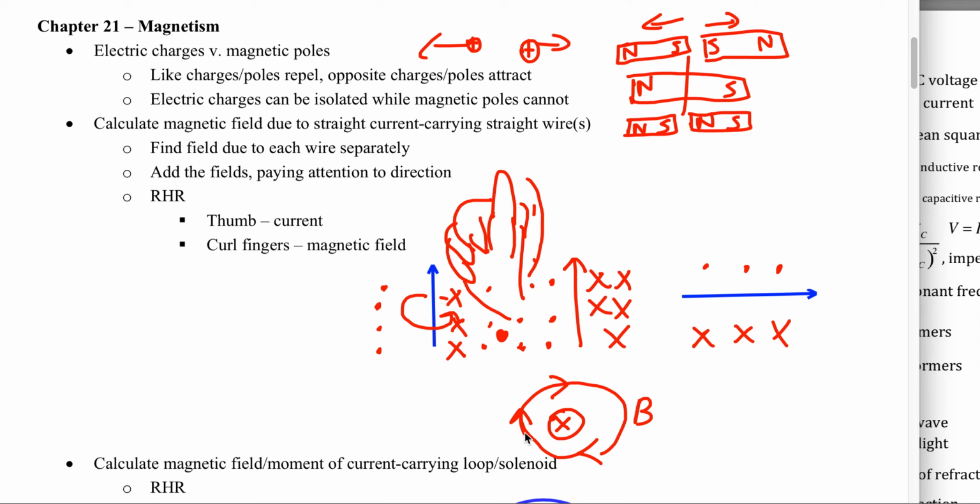So let me make that loop a little bit nicer here. If you're right here, that means you're going up. If you're right here, you're going to the right. If you're to the right of the wire, you're going down. Now, if you're right here, diagonal, then you're going diagonal. The field is always going tangent or touching that circle.